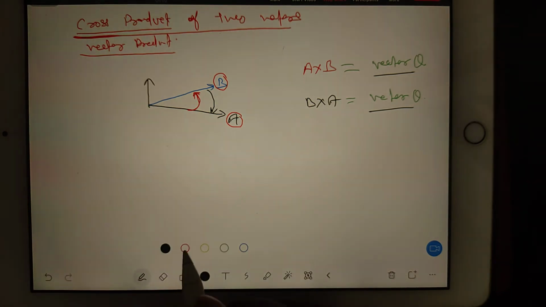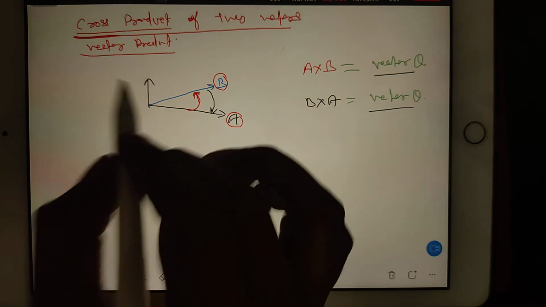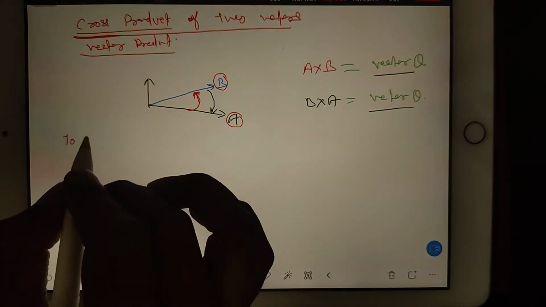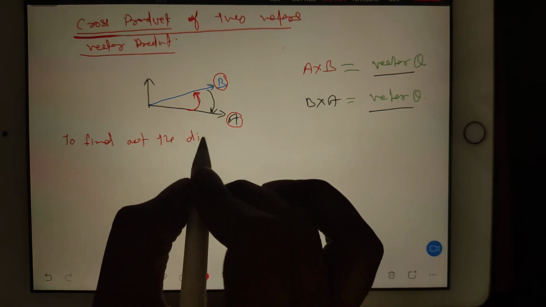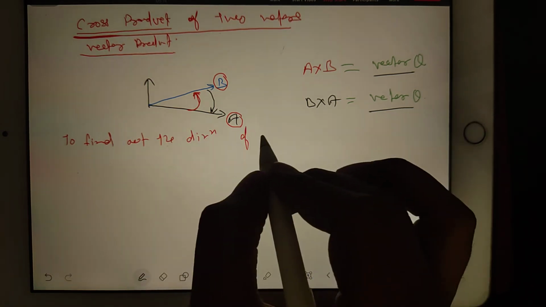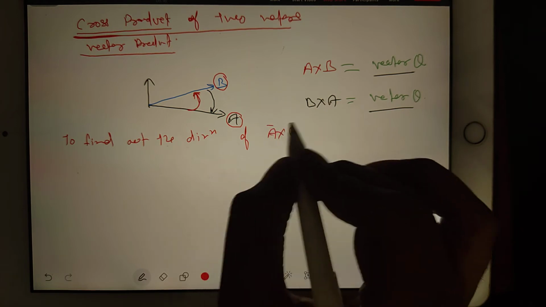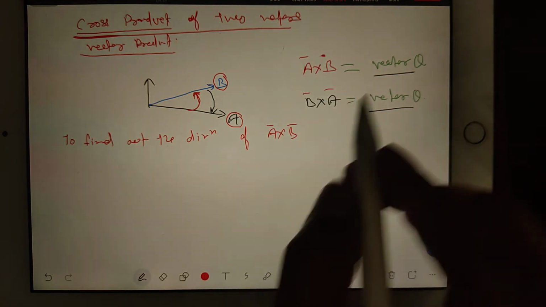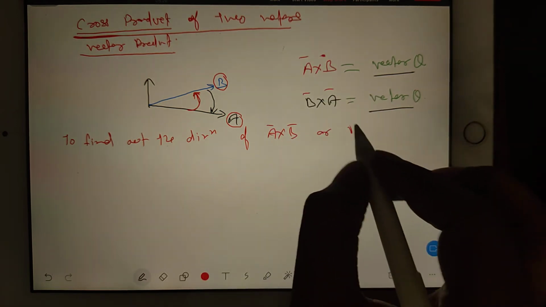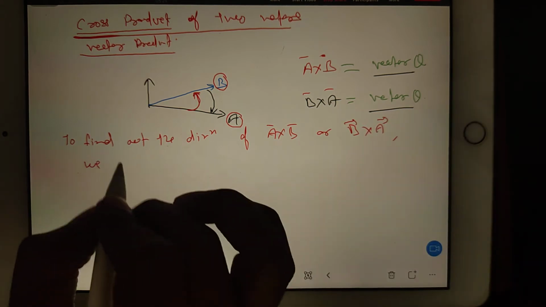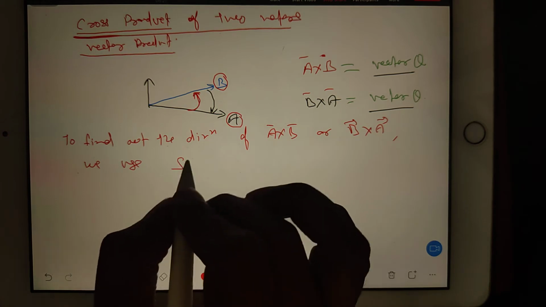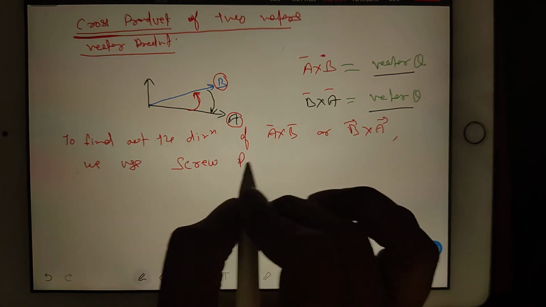Now to find out the direction of the new quantity, mention here, to find out the direction of A cross B, they are vectors, so I am putting arrow like this, or B cross A, we use something called screw rule.